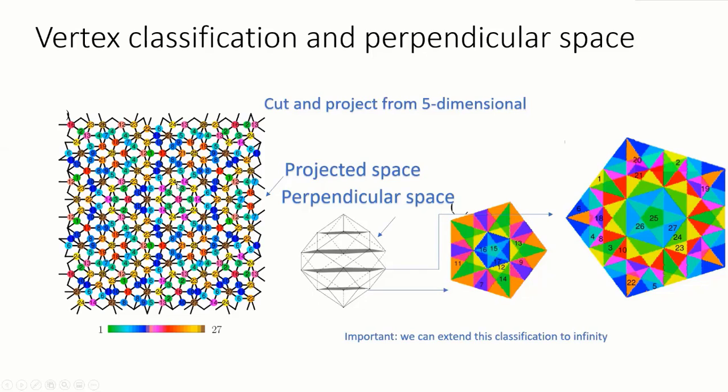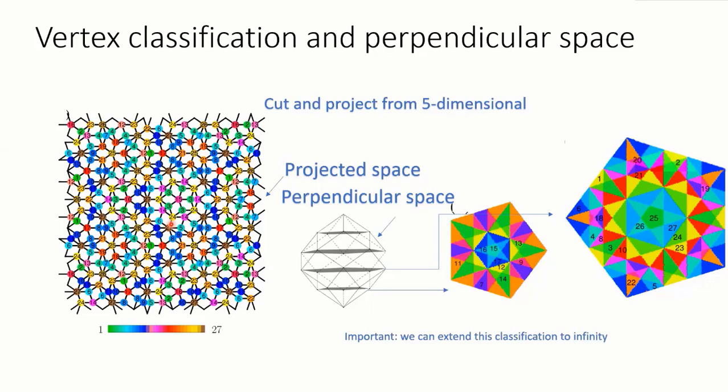If we label each vertex with the new subclass that we found in previous slides, we can find that the vertices with similar label map to some specific closed region of the perpendicular space. For example, if you look at the one, all of them map to this part of the perpendicular space. So it seems this classification is natural for perpendicular space.